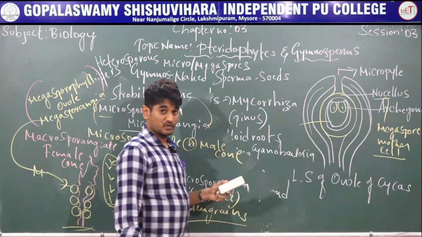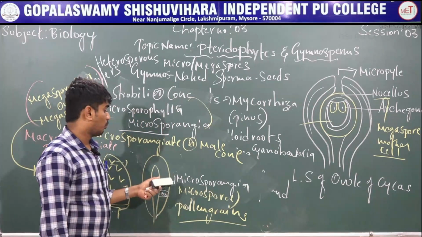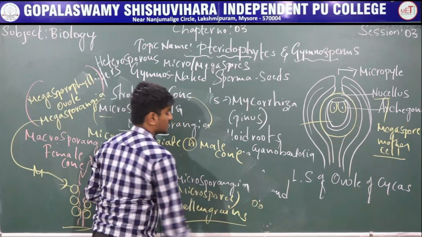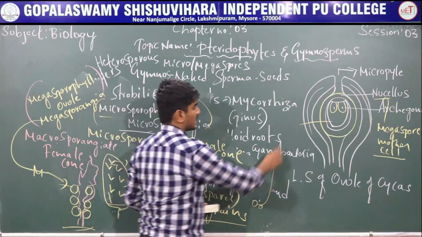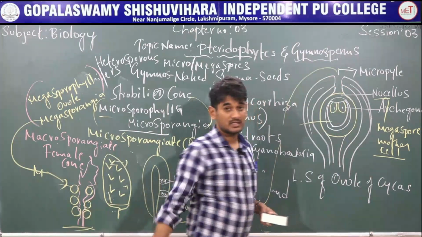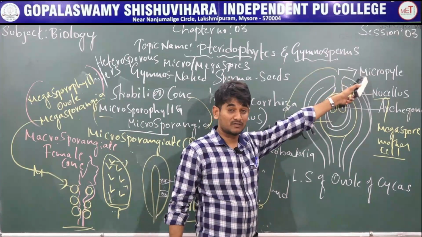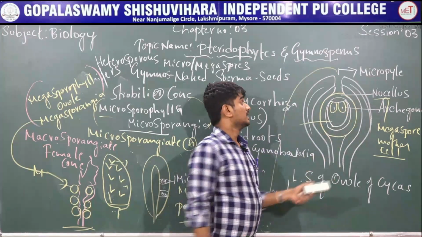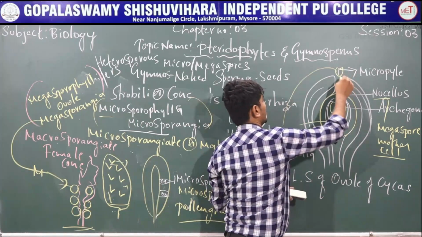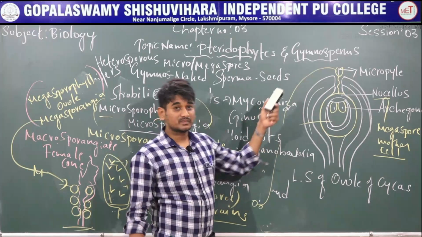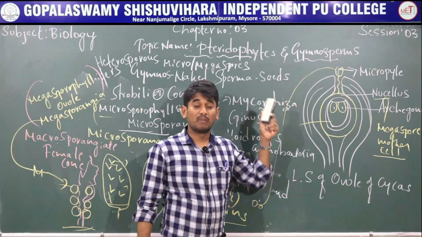Here, the fertilization process includes the microsporangia releasing microspores. These microspores are carried by air currents to reach the mouth or opening of the ovule, called micropyle. Then the pollen grain releases a pollen tube, which carries male gametes.